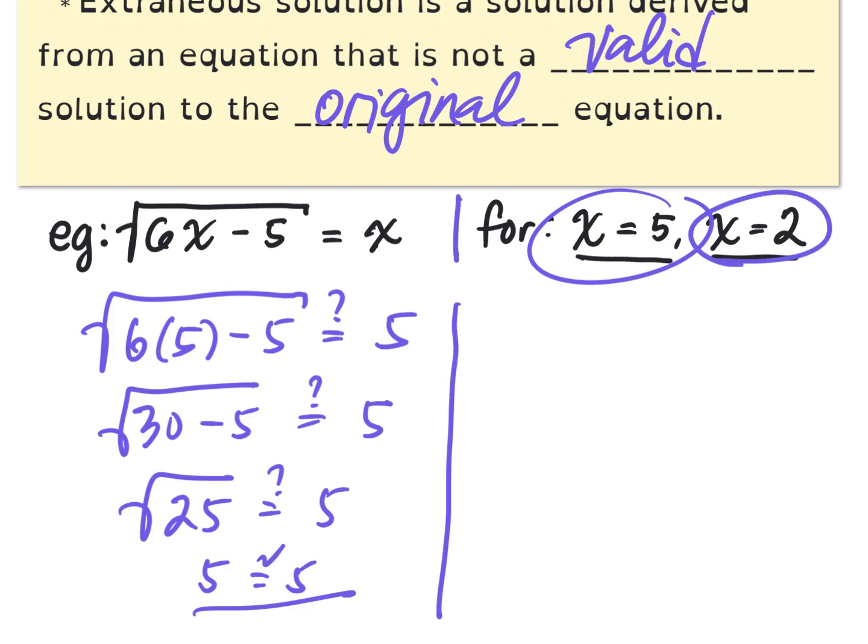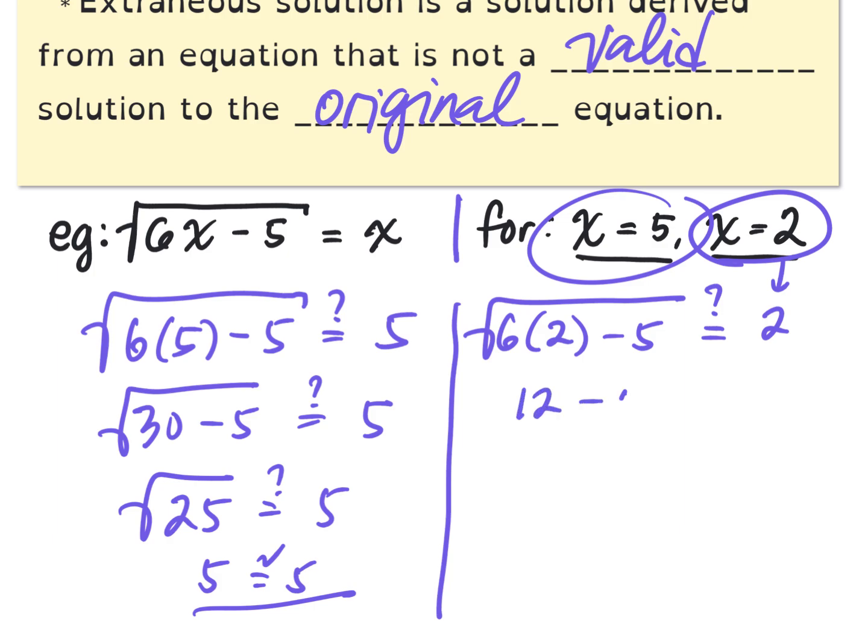What if x is equal to 2? This is going to give you the square root of 6 times 2 minus 5. Is it equal to 2? Because the value of x here is 2. So 6 times 2 is 12, minus 5, square root. 12 minus 5 is going to give you 7, so that's the square root of 7.